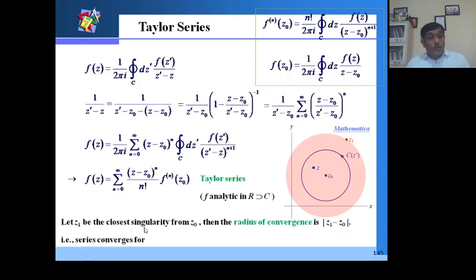Let z1 be the closest singularity from z naught. Then the radius of convergence is mod z1 minus z naught. The series converges for mod z minus z naught less than mod z1 minus z naught.